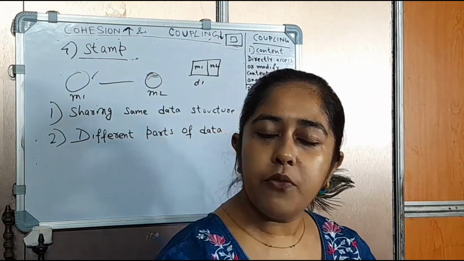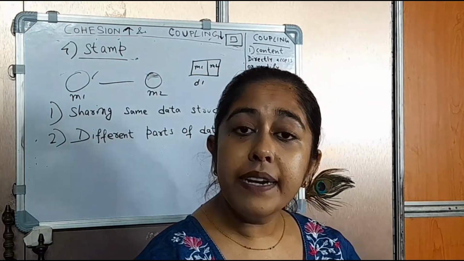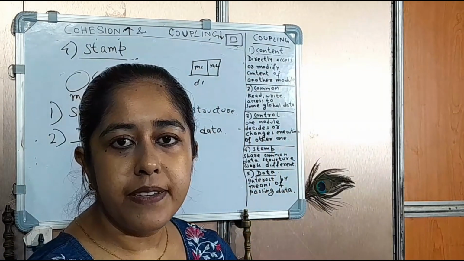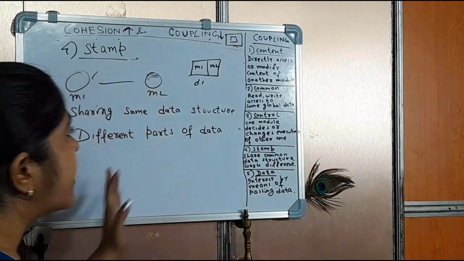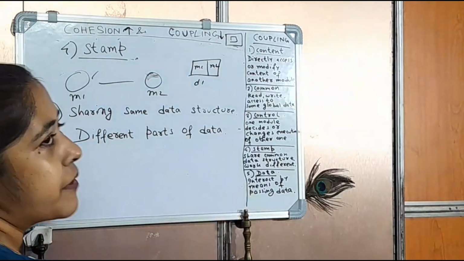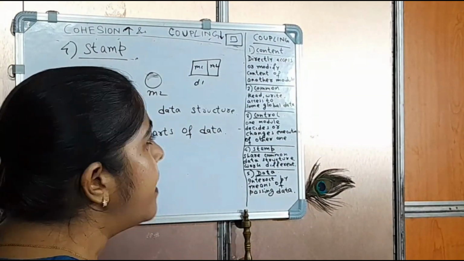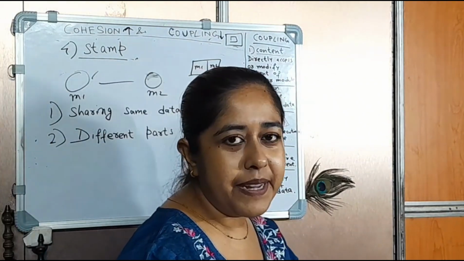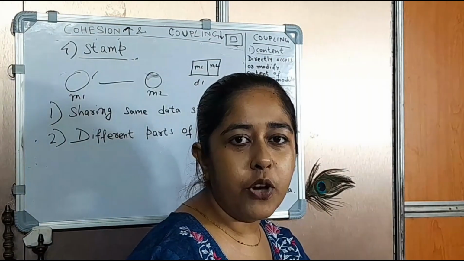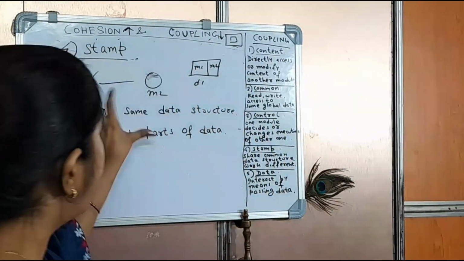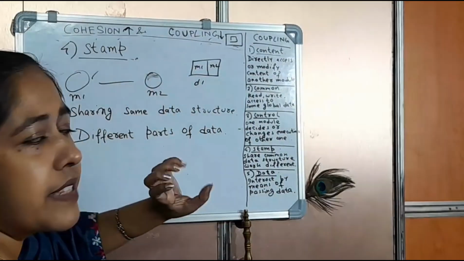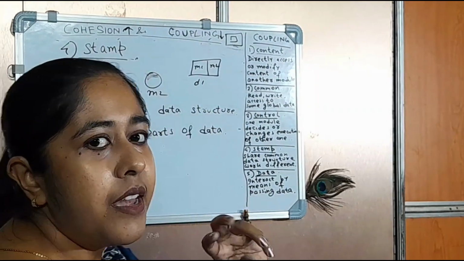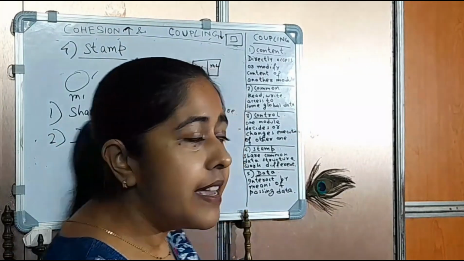They are working on the same data, but on different parts of it. This is known as stamp coupling. Here the name doesn't suggest the function as in the previous ones, but mainly they have the same data structure while working on different parts of the particular data.